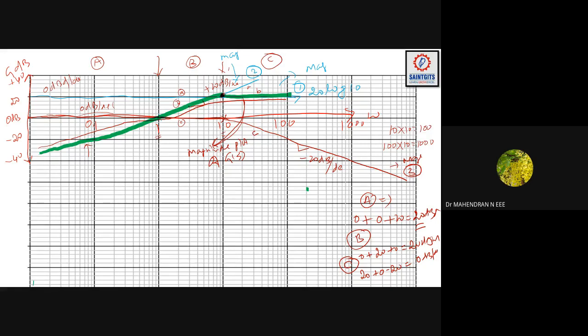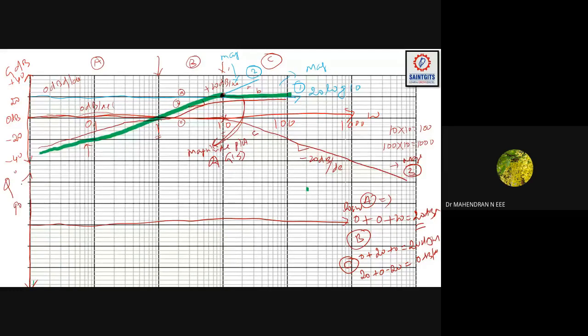Then the second portion is your phase plot. The phase plot is drawn between phase angle in degrees versus log omega scale.